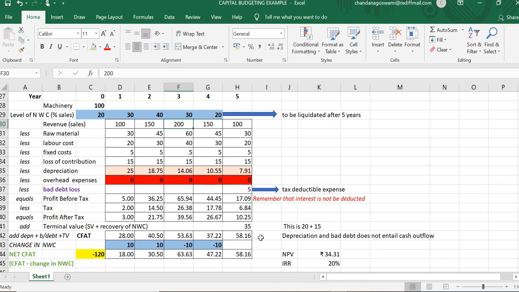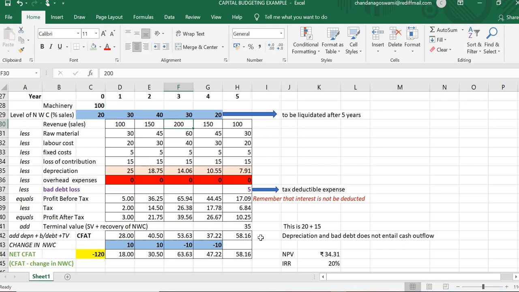Why are we doing this? Just as we add back the depreciation, because it is not really a cash outflow, in the same manner, this bad debt loss which we accounted for is not actually a cash outflow that is happening. So therefore, we are adding it back out here. So in this manner, we get the cash flow after tax.